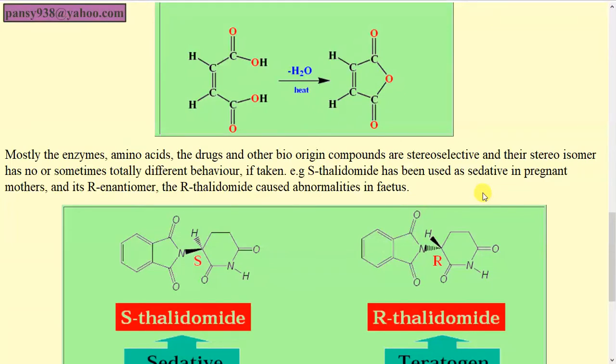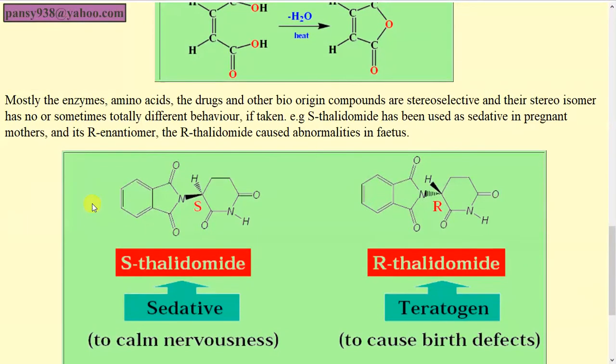Later on, investigation found that thalidomide has two types of isomers. One of them is the R isomer and the second one is the S isomer. We will discuss the S and R types of isomers very soon in the coming lectures.